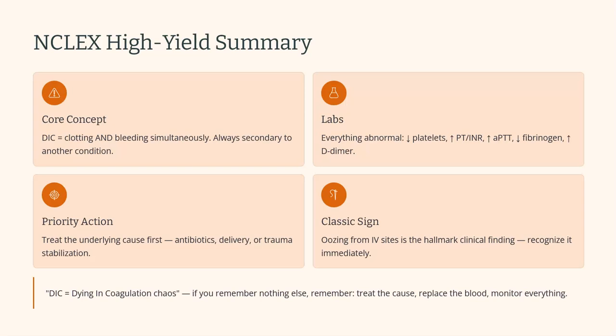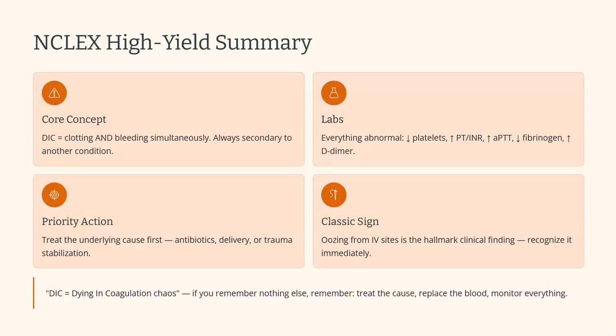All right, one last review slide here. The core concept of DIC is that clotting and bleeding are occurring simultaneously. And this is always secondary to another condition such as sepsis or crushing injury. Things that we want to look for in labs is everything being abnormal, especially those coagulation labs. We're going to see decreased platelets, increased PT and INR, increased APTT, decreased fibrinogen, and increased D-dimer.